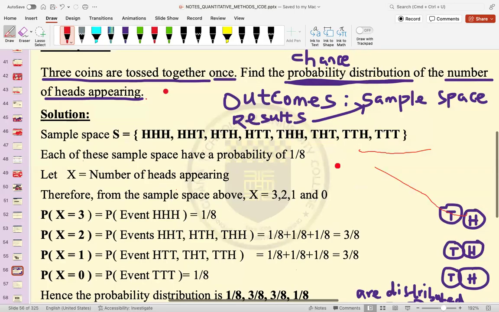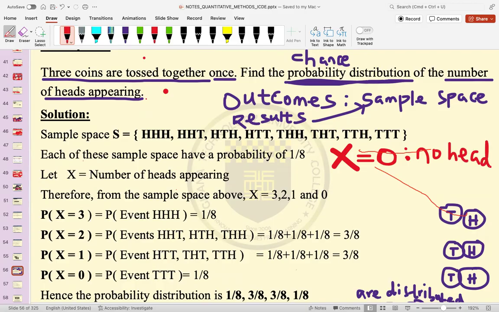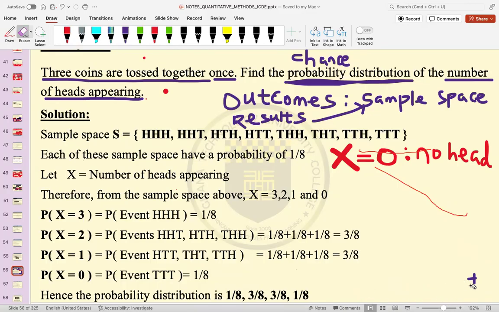So we check if X is representing the number of heads appearing. Then when we write X, this is why I want you to pay attention. When we write X is equal to 0, this means that no head will appear, because X is representing the number of heads appearing.